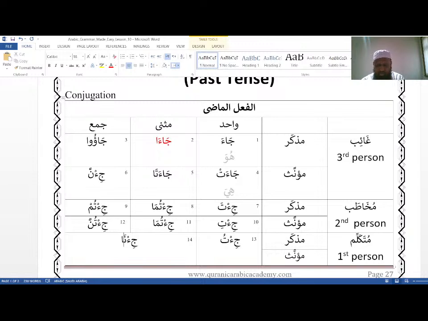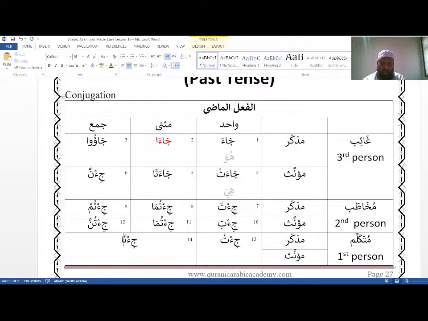Let's go through once more. قال قالوا قالت قالتا قلنا. As soon as you come to this siga, remember the first letter has dhamma. قلت قلتما قلتم قلتِ قلتما قلتن قلت قلنا.